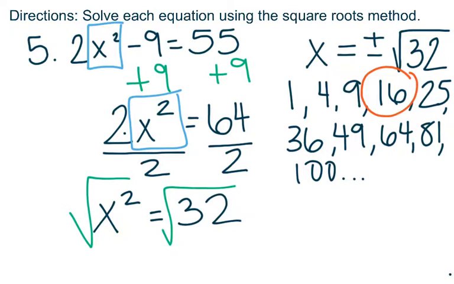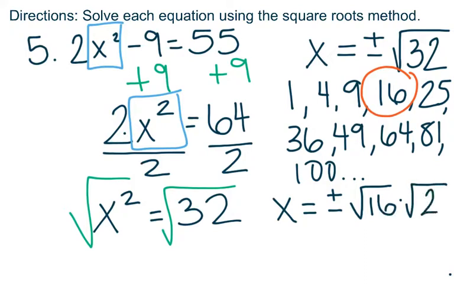So here's what I'm going to do. I'm going to write it like this. X equals, I got plus, I got minus. The square root of 32 is the same thing as the square root of 16 times the square root of 2, because 16 times 2 is 32. Alright, one of these is a perfect square. It's the square root of 16.